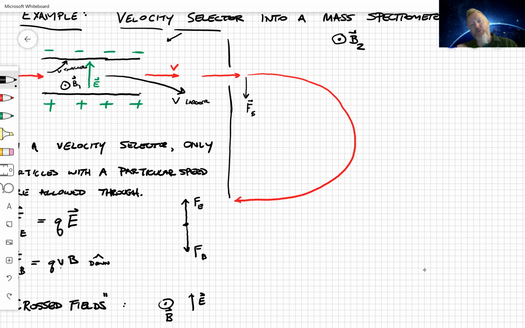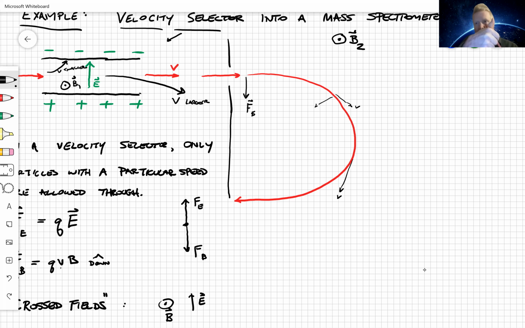And then as it starts to turn, the force is still perpendicular to the velocity and the field. And so as the velocity turns this way, V is kind of that way, and then B outwards causes the force now to be that way. And then as V goes this way, same thing happens.